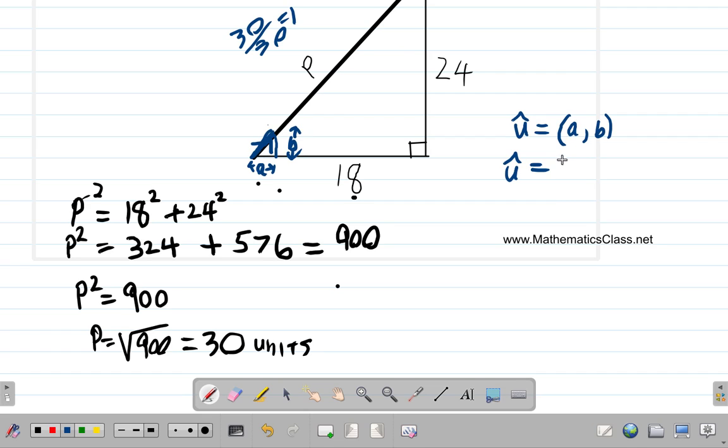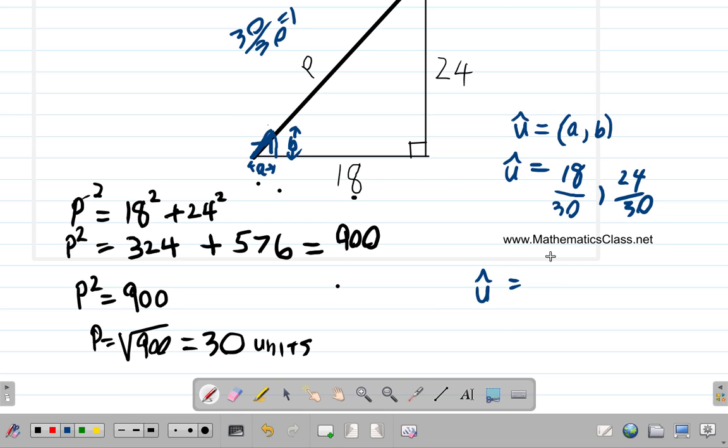Now, here, the unit vector is going to be 18 divided by 30, then comma, you have 24 divided by 30. Let's test it and see.